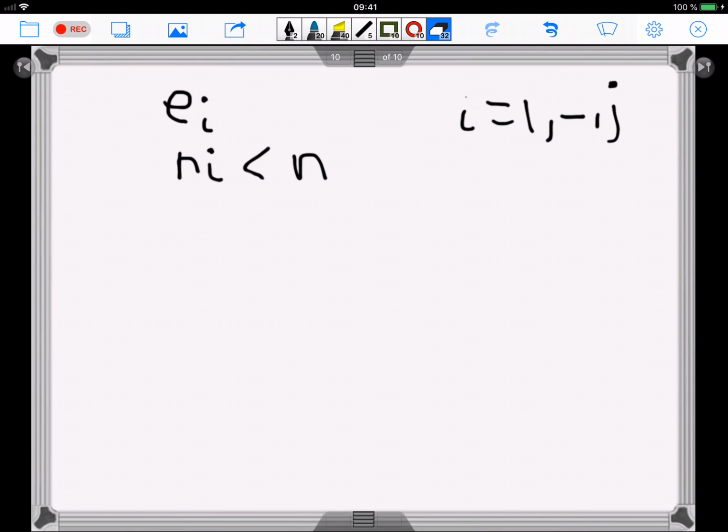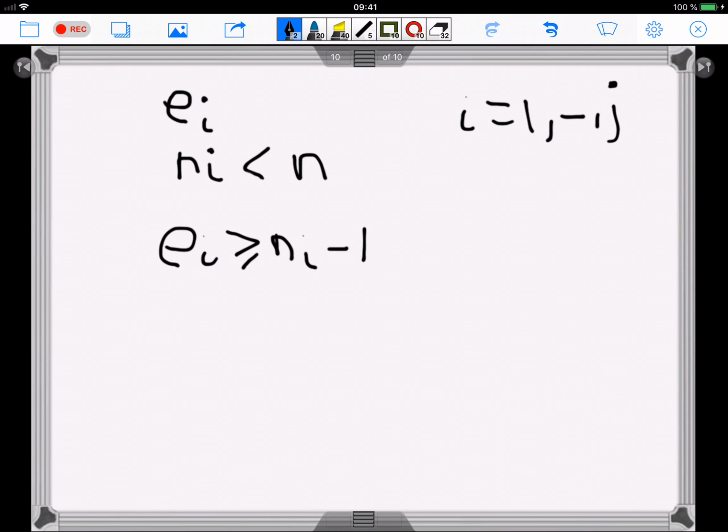Okay, so by induction, each of these graphs is a connected component, and in the connected components this relationship holds, because by induction we are supposing that the result is true for graphs with less than n vertices.